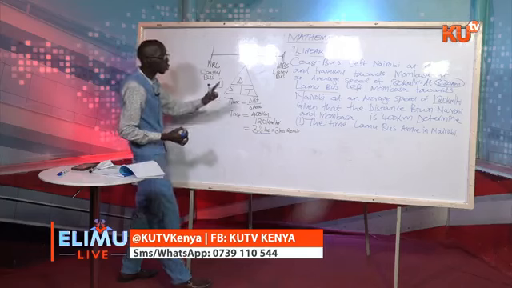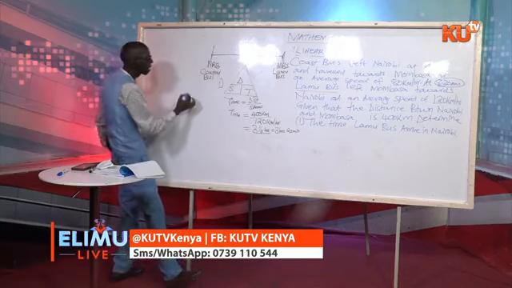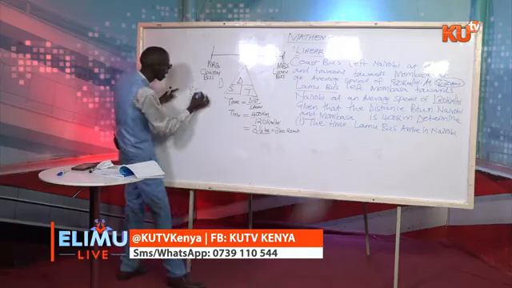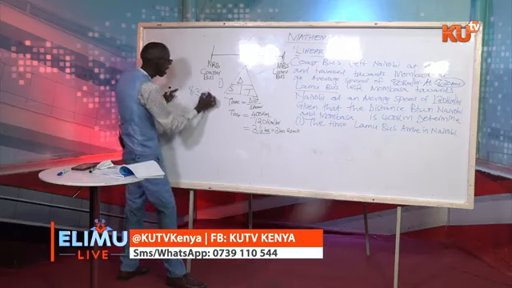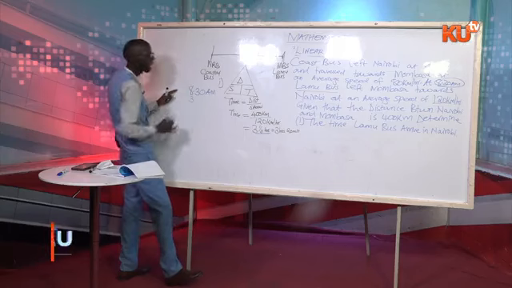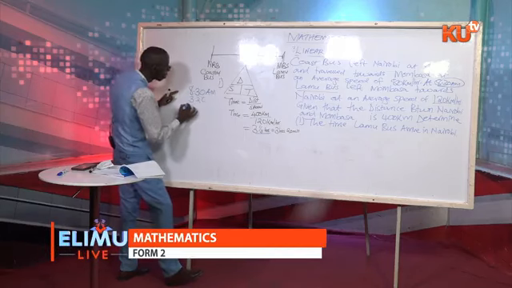And therefore, to get the time the Lamu bus arrived in Nairobi, we take the time of departure from Mombasa, 8:30 a.m., and add the time it took to arrive in Nairobi, which is 3 hours 20 minutes.